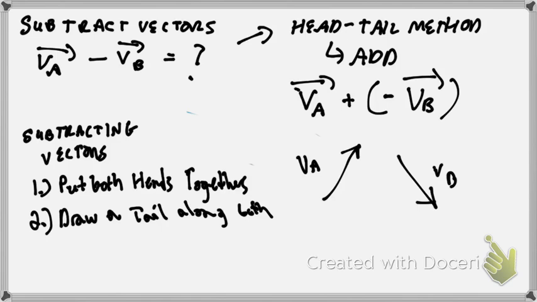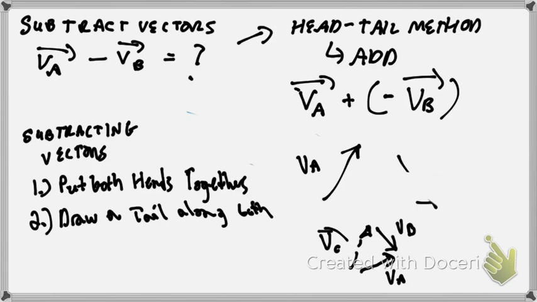In order to subtract VA and VB, first you have to put the two heads together. So what is it going to look like? This is VB and this is VA. And the result is going to be the subtraction of both of these vectors, this new vector.